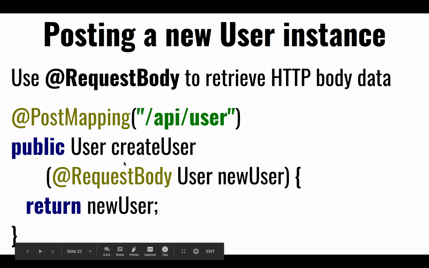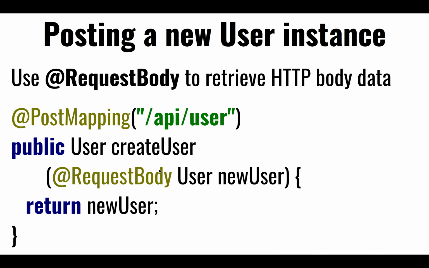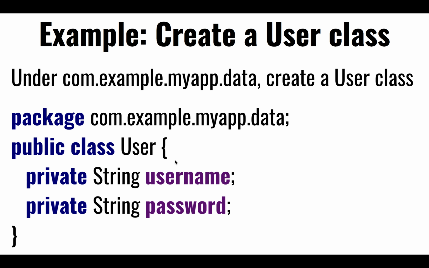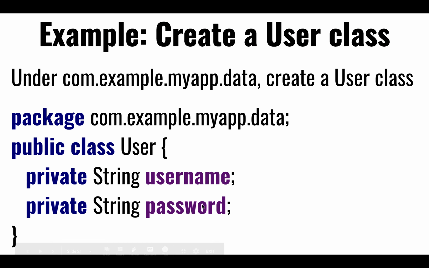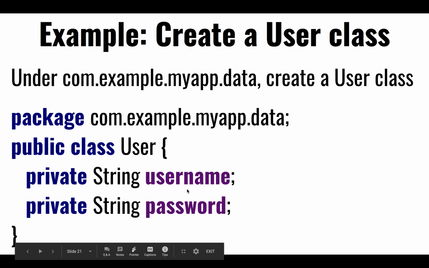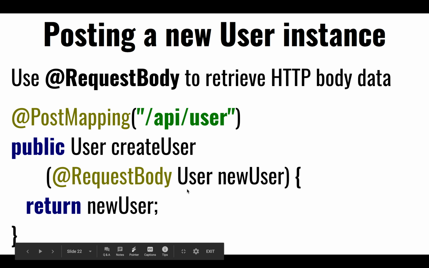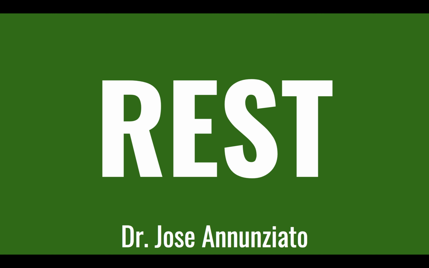The request body is going to parse that JSON request string coming from the client and try to convert it into a user instance. So we'll instantiate a user instance, and it will map the user and password attributes in the JSON object incoming in the body to the username and password in the Java world. And here we're using a POST to do that.